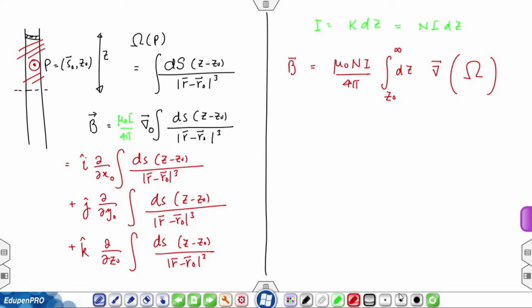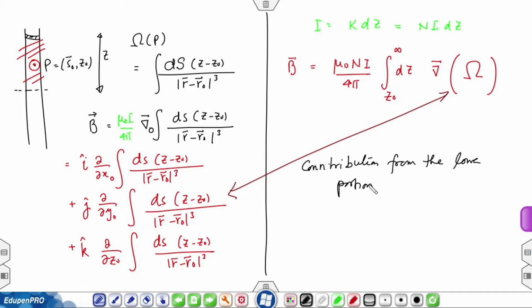Let me just remind you that this corresponds to this. Contribution from the lower portion. From the lower side, the current is going like this.